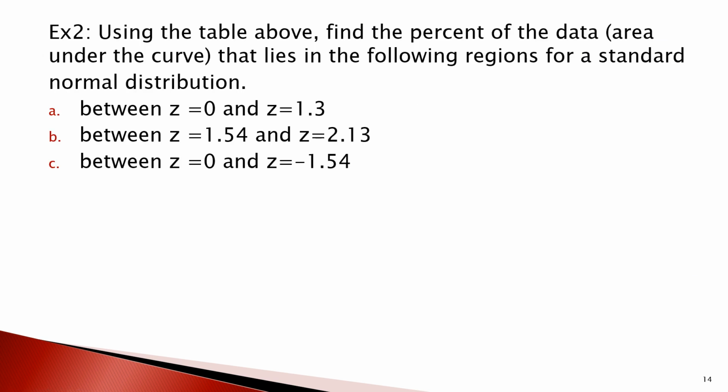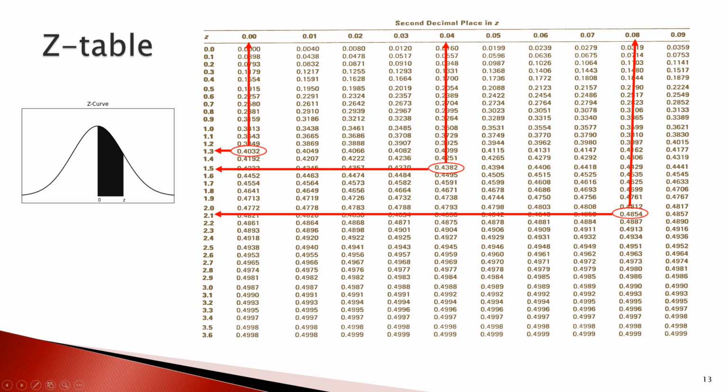All right. Using that z-table, let's find the percent of the data, or area under the curve, that lies in the following regions for a standard normal distribution. For example, if you have 0 and 1.3, we are going to look at the area from 0 to 1.3.